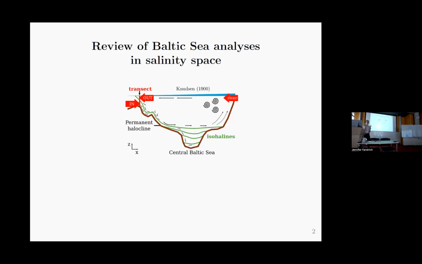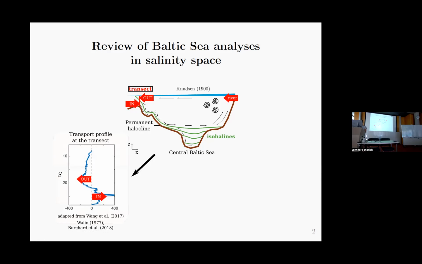And he could just give one single bulk value for this whole circulation. But these bulk values don't help us to really understand what is happening everywhere for the circulation.